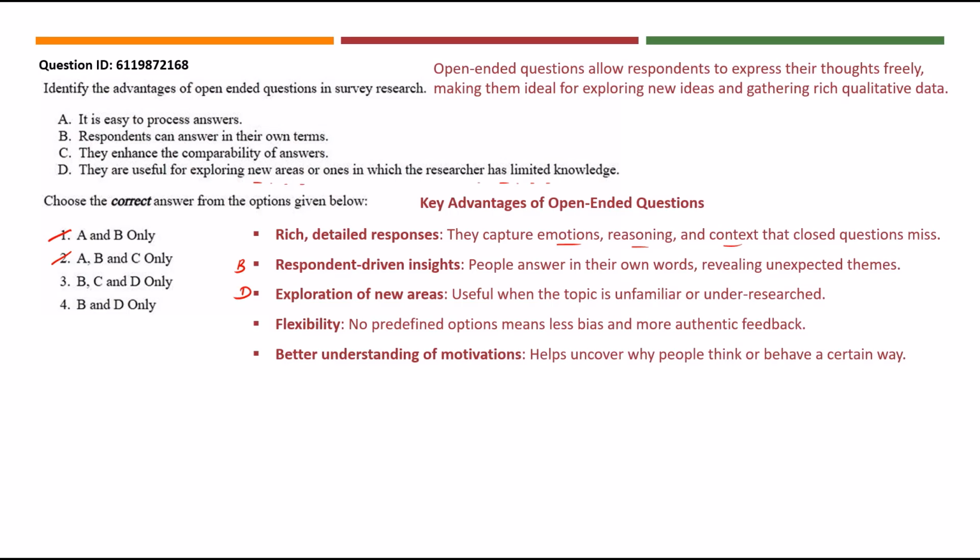No predefined options means less bias and more authentic feedback. When you are given objective type questions, your answering mode is restricted to those options only. So flexibility is available when you are able to talk freely. So that is what we call more authentic feedback.